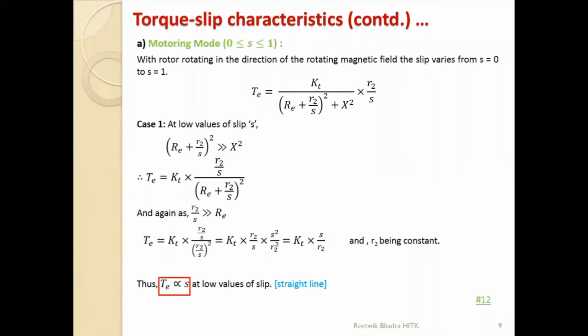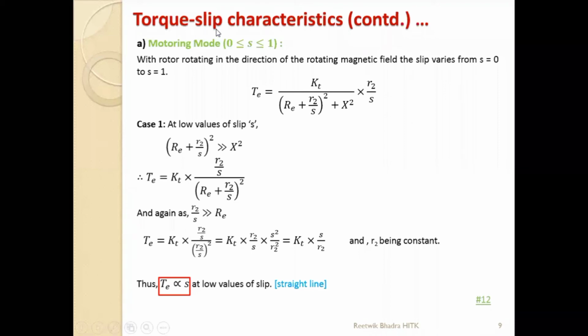Your slip is very low when it is very close to 0, like 0.001, and as it increases it will be close to 0.85, 0.95, and then close to 1. According to that, your torque will vary. That's why we are studying the torque slip characteristic, the variation of torque according to slip.